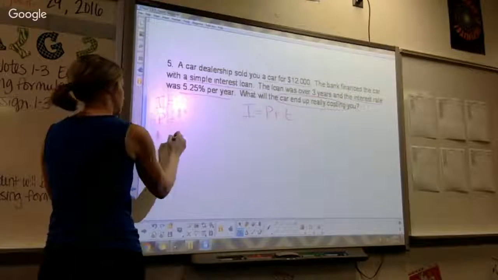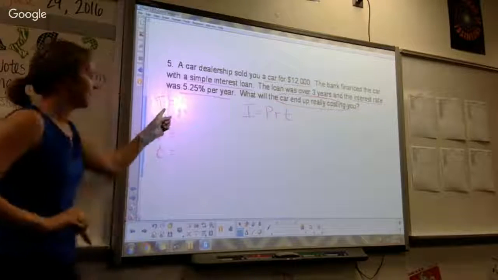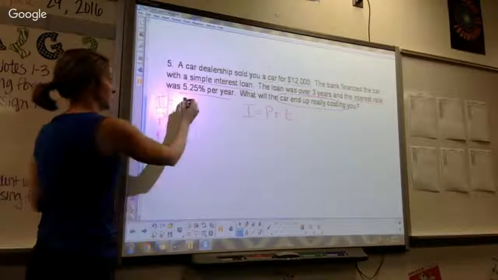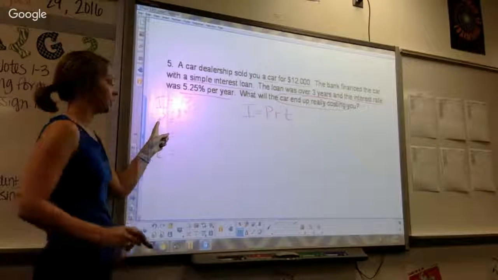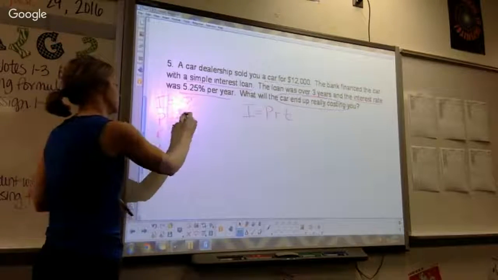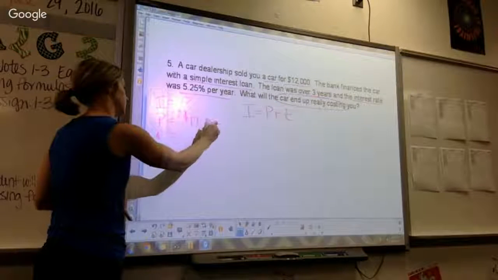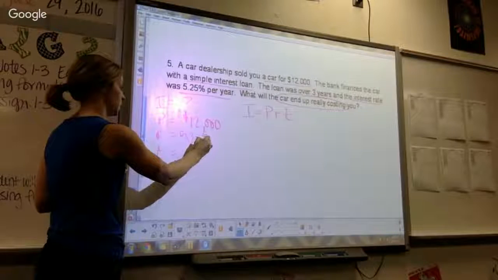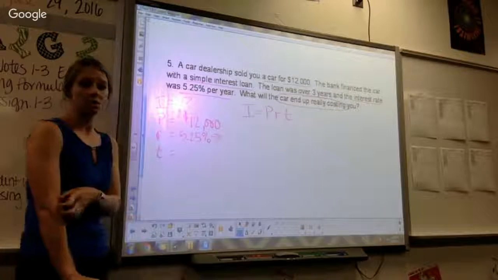So writing down your variables here, I is the amount that you're going to be charged for the interest, which we don't know. We know the starting price, P, is 12,000. The rate is 5.25%, but I need to change that to a decimal.